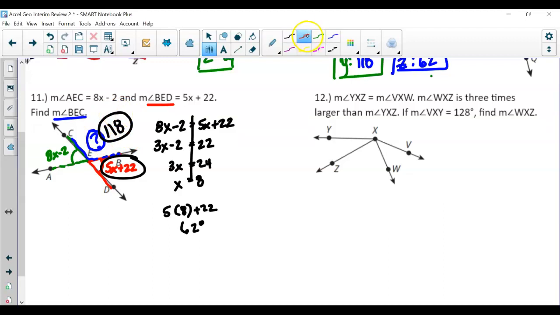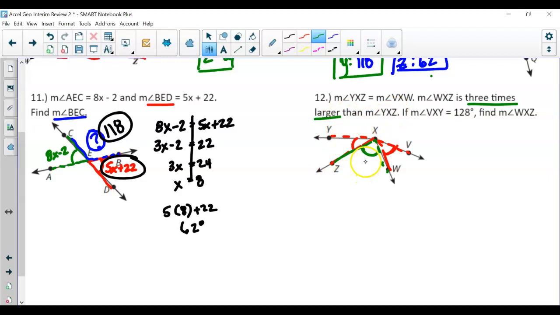Now here we're going to have to label YXZ. So YXZ, this angle, is equal to VXW. So these two angles are congruent. They're the same. Then WXZ, this angle is 3 times larger than YXZ here.